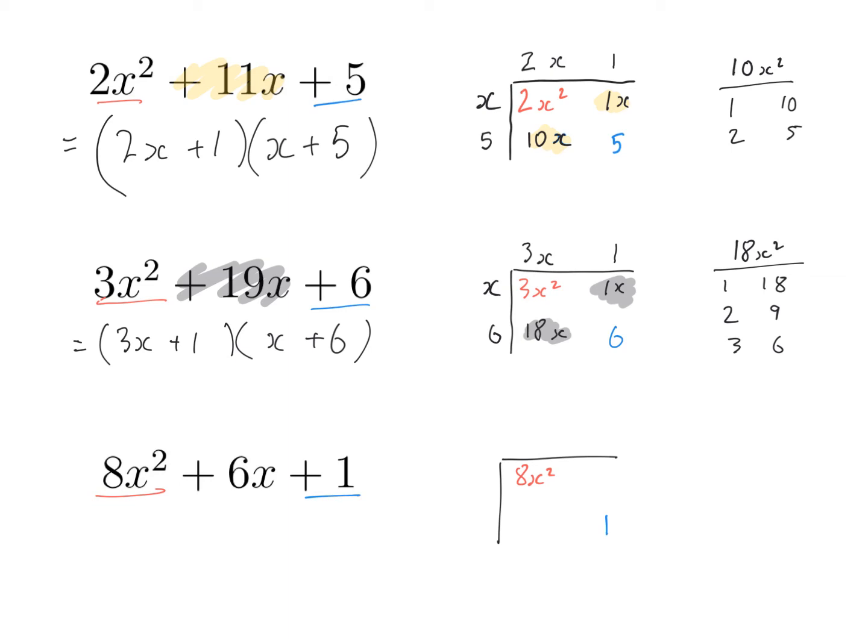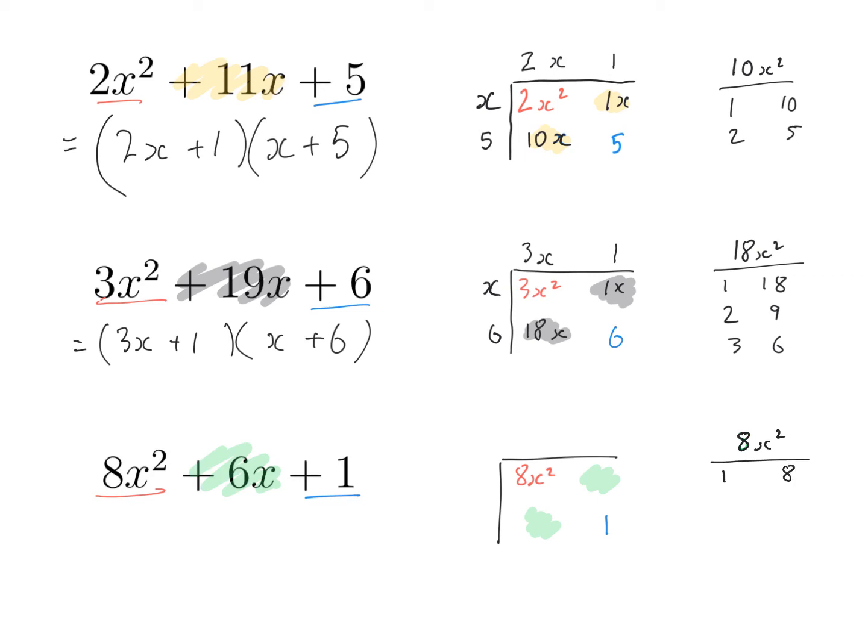And then these two boxes here are going to need to add up to give me 6x, and will multiply to give me the same product as these two. So 8x squared times 1 is 8x squared.